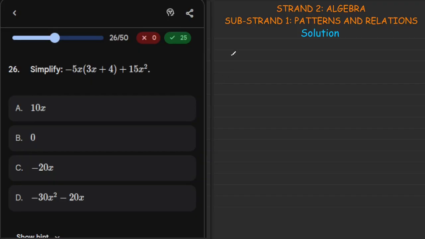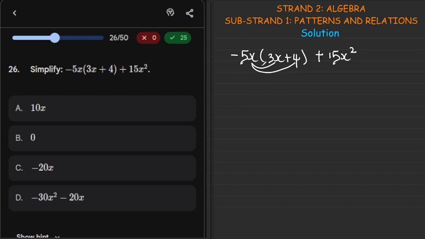Question number 26. 26 says we have to simplify a negative 5x into brackets 3x plus 4, bracket close, then plus a 15x squared. So the first thing we need to do is to what? Open our bracket. So we have negative 5x, we let that multiply the 3x. The negative 5x also multiplies the 4.